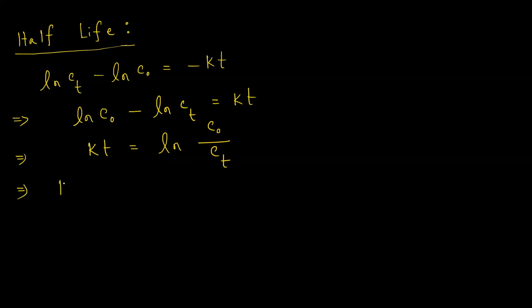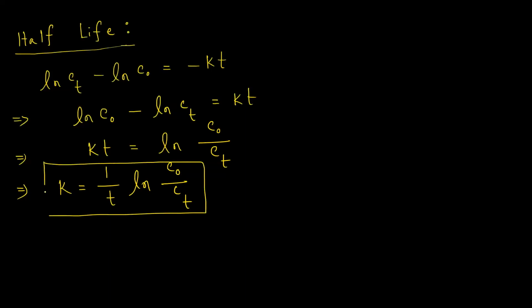So we can write K is equal to 1 by time ln initial concentration upon remaining concentration. So this is the expression of rate constant for a first order reaction.